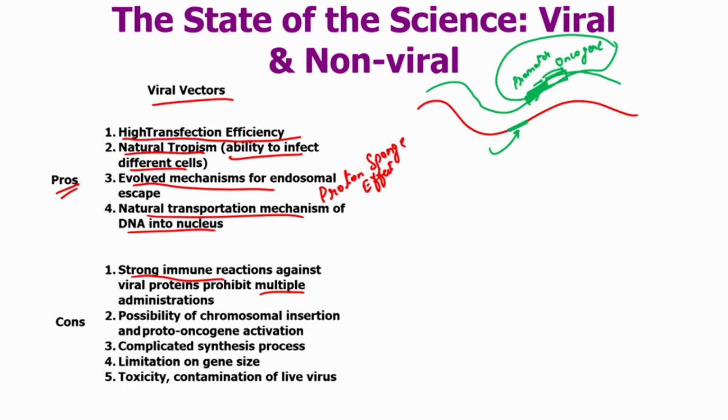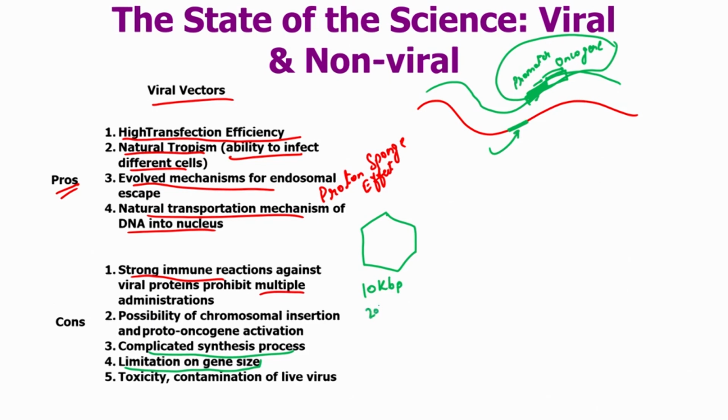It is a fairly complicated synthesis process. It is not trivial to take a virus and then load it with your own DNA and let it go and do whatever you want it to do. It also has a limitation on the gene size that you can put. So, this virus-coded protein that you may have, it may only be of a certain size and there is a limit. So, let us say the virus genome is about 10 kilo base pair, then you can't really load more than 20 or so.